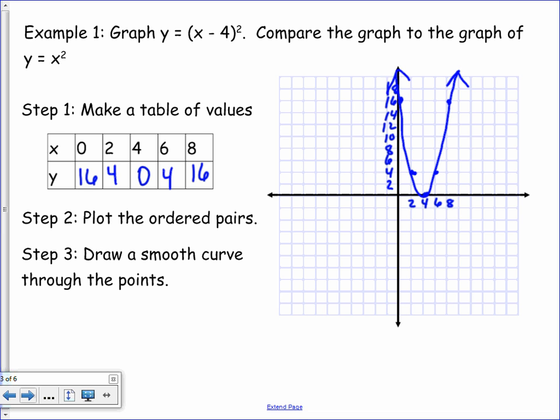And the original graph of y equals x squared would be right here. And then again at (4, 16).